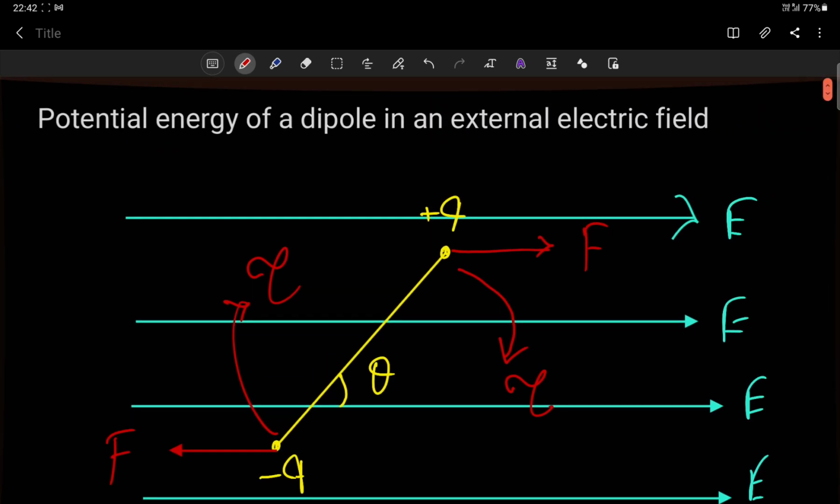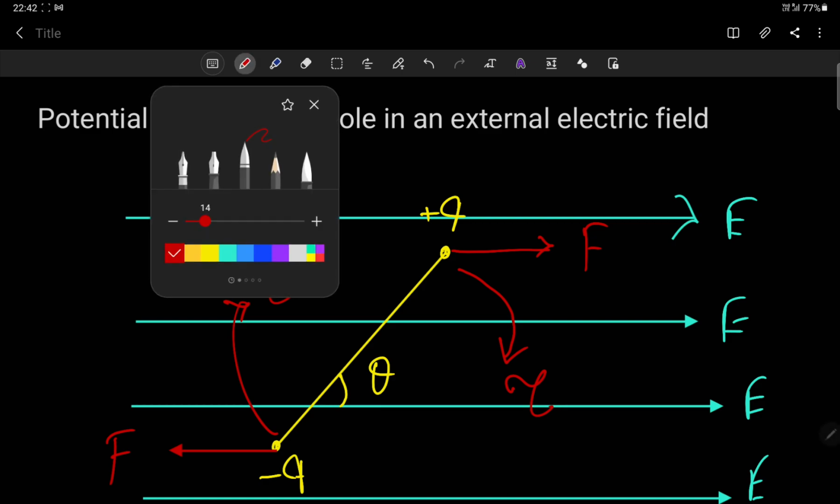But here what we have to find out is the potential energy, and we know that the change in potential energy is equal to the work done by the external force. So here we have to find out the work done by the external force.